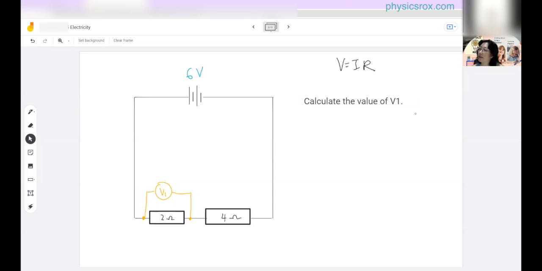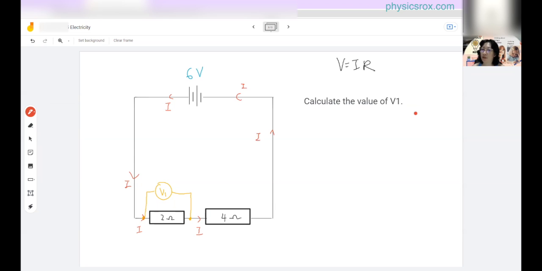So let's say you look at this, how to count? You need to recall that the current is the same throughout. So we now know the current is the same. Why is this important? How does this help us?